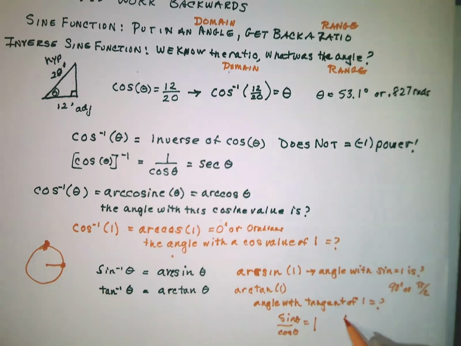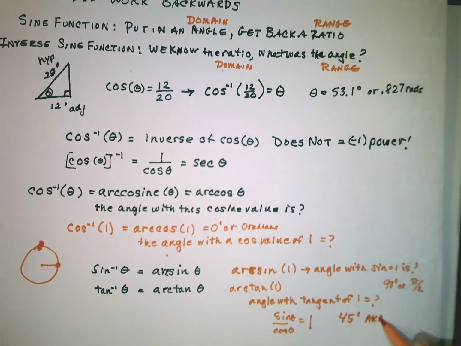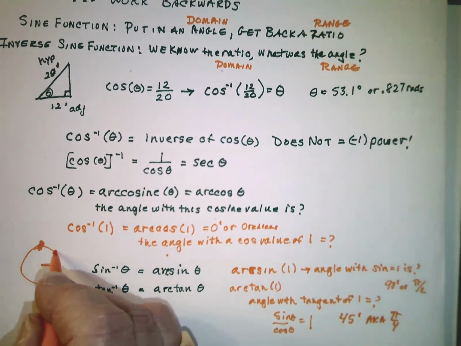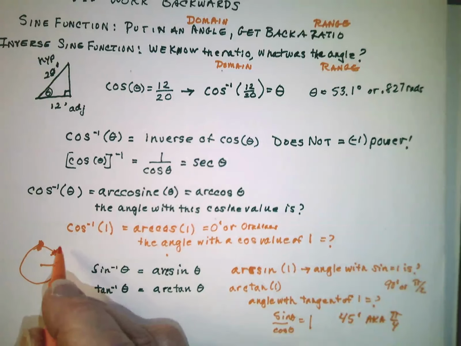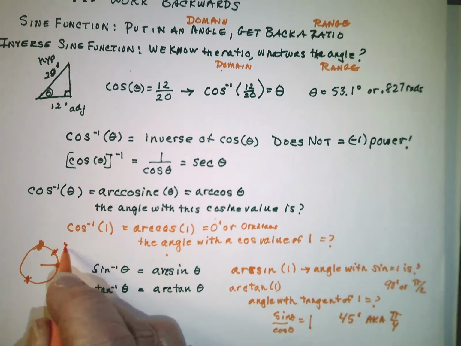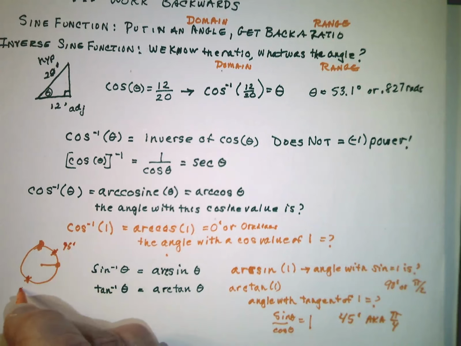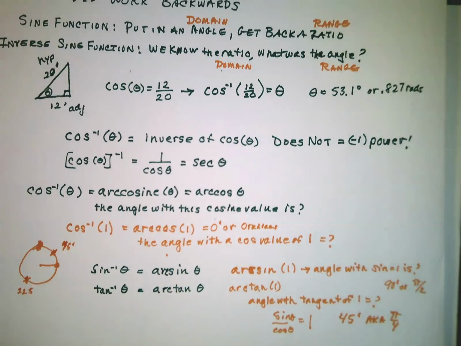So I'm hoping you remember that that is 45 degrees also known as pi over 4. So that would be right here. And truth be told, 45 degrees is not the only place that the tangent is 1. Also, over here, at 225 degrees, the tangent value is 1. And this fact that there will be multiple angles with the same sine, cosine, and tangent value is something we're going to discuss in a later video.